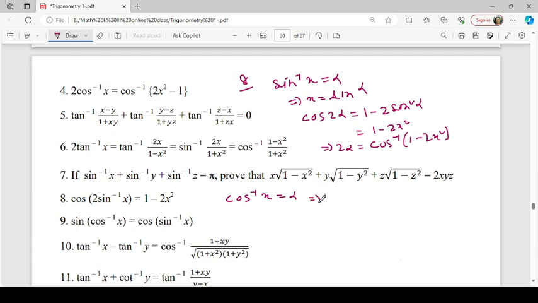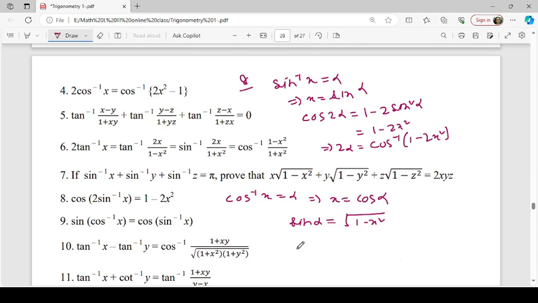This implies x is equal to cos alpha, then sin alpha will be root over 1 minus x square. So what we get, sin of alpha is equal to root over 1 minus x square.